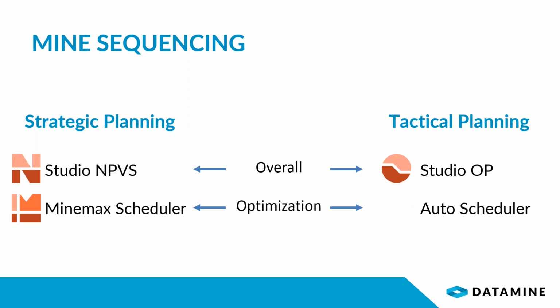So since tactical planning no longer does the same type of activities that we were doing in strategic planning, we need other tools suitable for tactical planning. And the tools that we here in Datamine provide for this level of planning are mainly Studio OP, where you do mine design, reserves evaluation, and technical sequence.